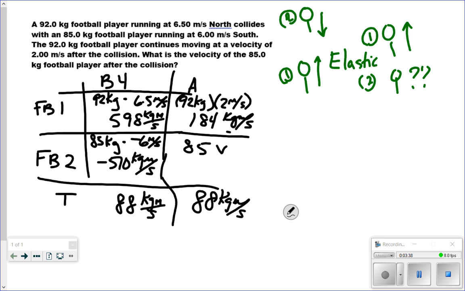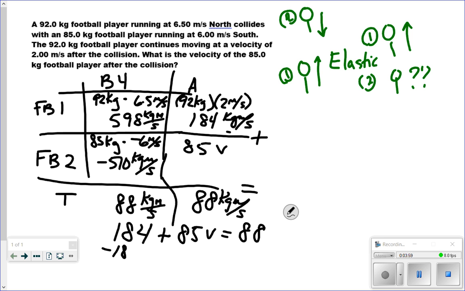Now, as you've kind of seen as we go along here, this momentum plus this momentum equals the momentum at the bottom. It equals the 88. So then we can actually look at it like an algebra equation and say, all right, 184 plus 85v equals 88. I'm going to move the 184 over.